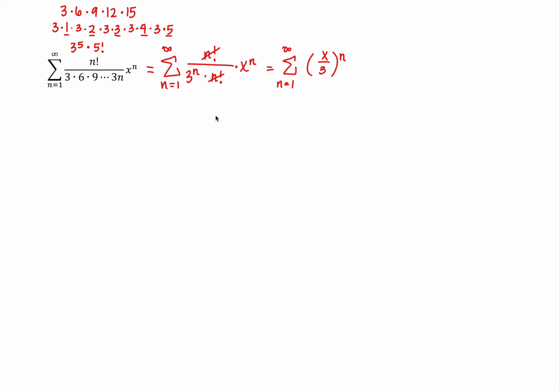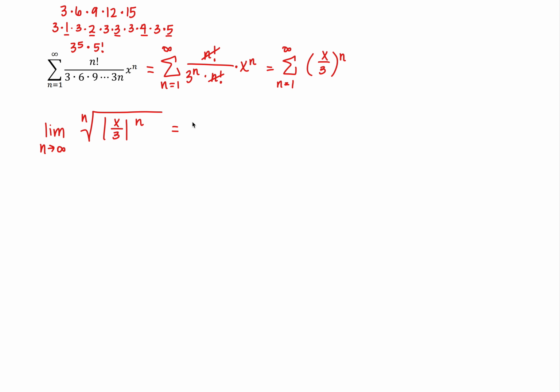So to find the radius of convergence, because we're raising it to the nth power, I'm going to use the root test. So we're going to look at the limit as n approaches infinity of the nth root of the absolute value of x over 3 to the nth power.